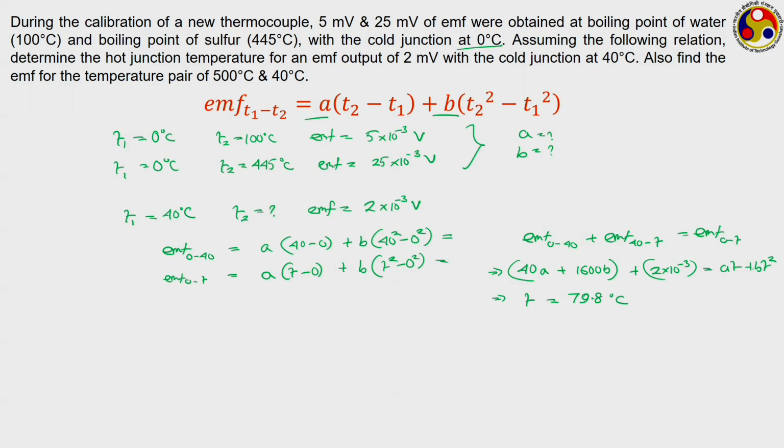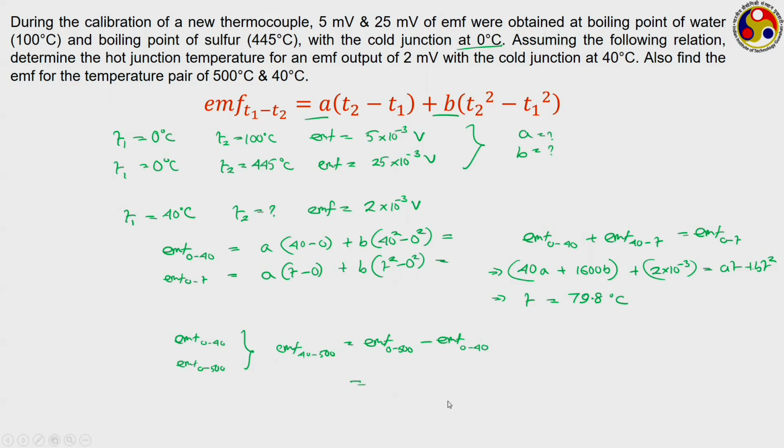For the second case, it is mentioned that we have to find the EMF for a temperature pair of 40 and 500 degrees Celsius. Again, we can follow the same procedure. EMF corresponding to 0 to 40 can be calculated, EMF corresponding to 0 to 500 can be calculated, then EMF corresponding to 40 to 500 will be equal to EMF corresponding to 0 to 500 minus EMF corresponding to 0 to 40, and that is going to give you the result.